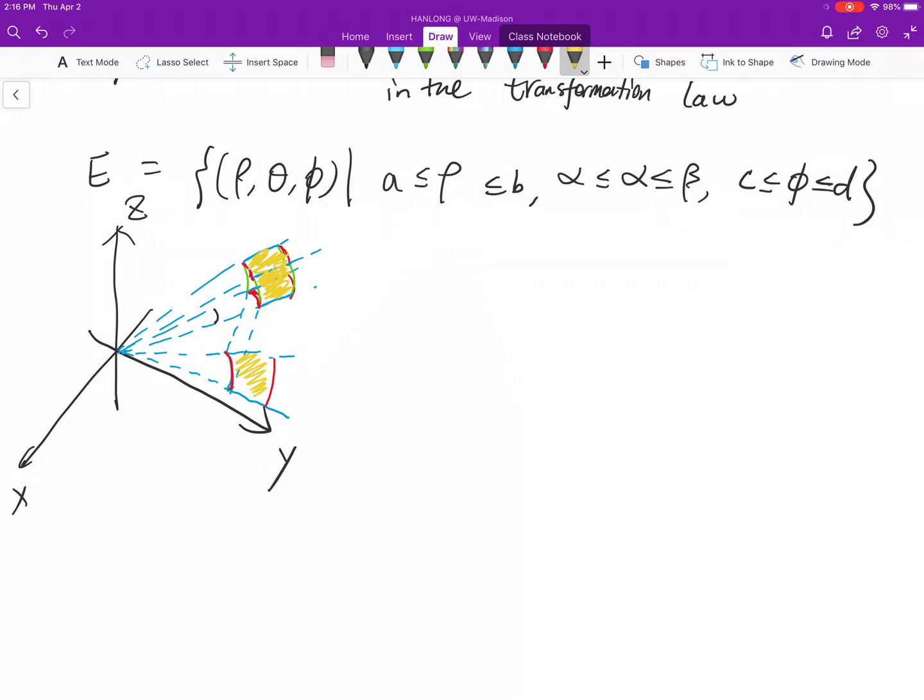Okay, so this angle is delta theta. And then this angle is delta phi. And then this part is the difference of the radius, so it's delta rho. Now let's calculate the volume of the yellow part.